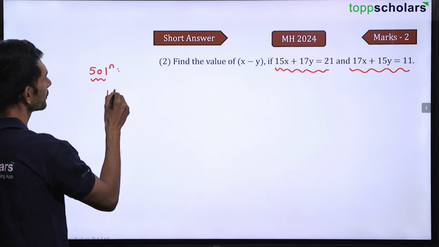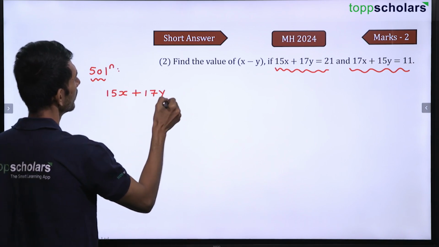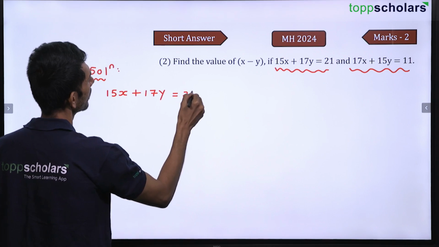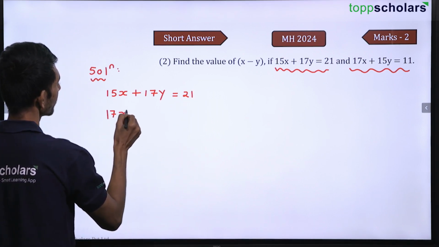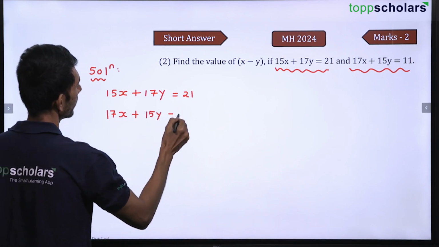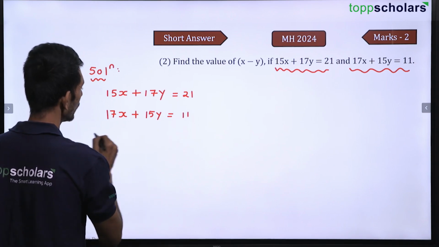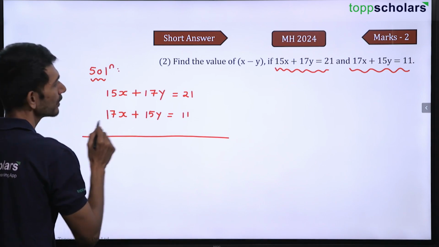We have 15x plus 17y is equal to 21. Then we have 17x plus 15y is equal to 11, right? All you need to do is you need x minus y, you subtract both the equations.